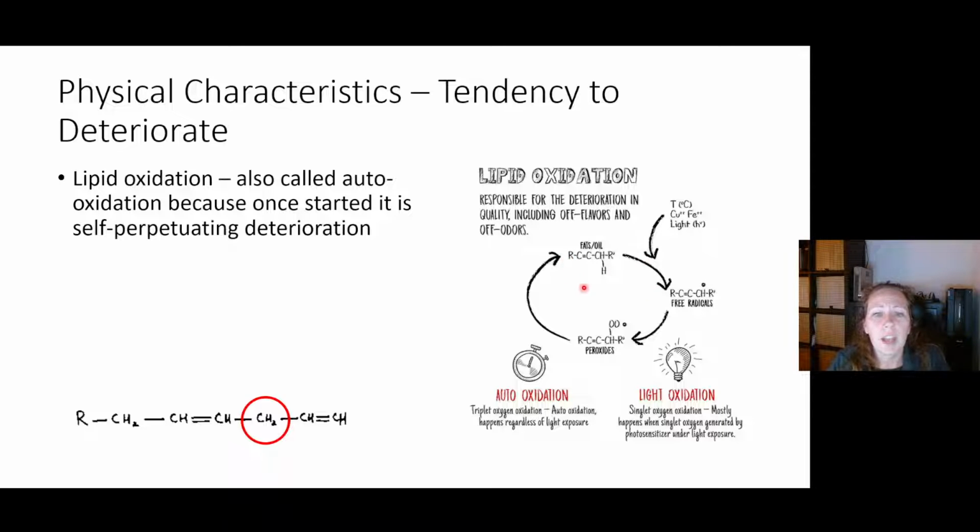And these hydrogens are very susceptible to just getting removed. It can be caused by temperature. It can be caused by metal ions that just want to steal the hydrogen. It can be caused by light. So just the light can say boing and make the hydrogen jump off.